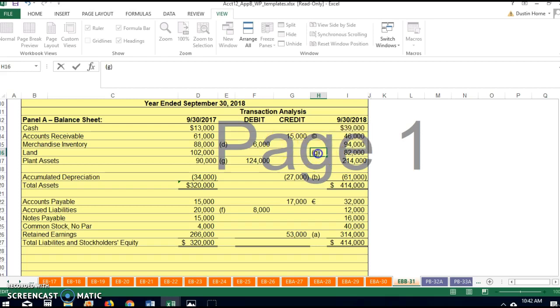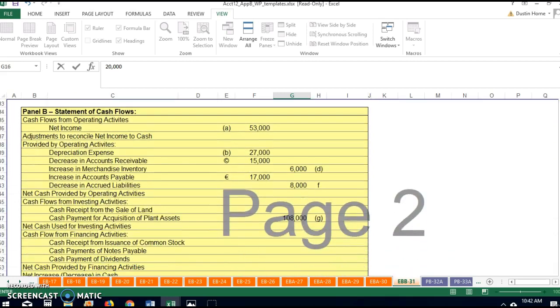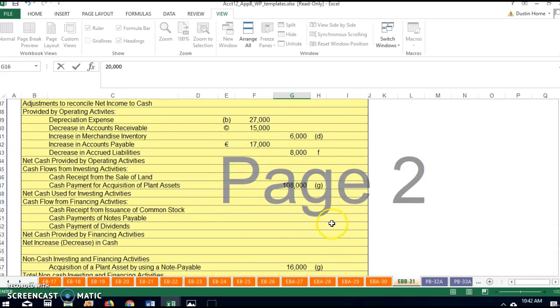This is not G, this is H. We need to decrease it for $20,000. So what does that mean as far as land? What did we get? We sold it for cash, so that's going to be an increase to cash. It's a cash receipt from the sale of land. Remember, if you sell or buy an asset that's long-term that you're going to use in your business, it's in the investing section. So this would be transaction H.